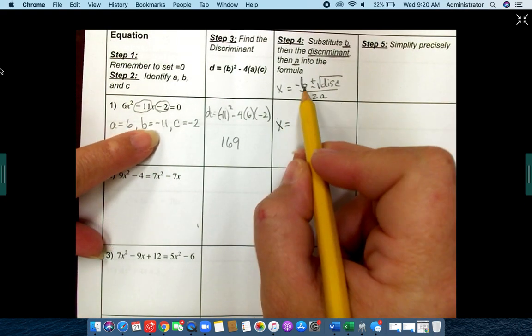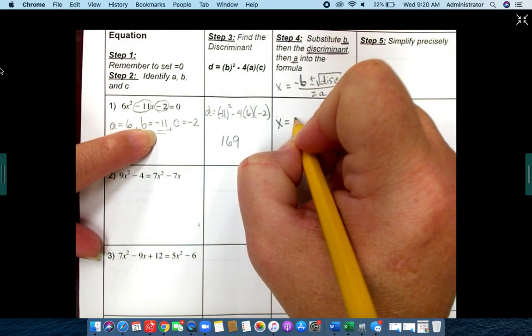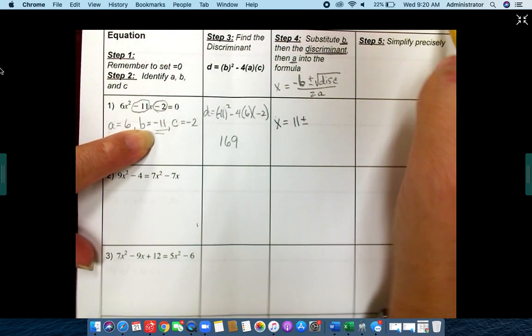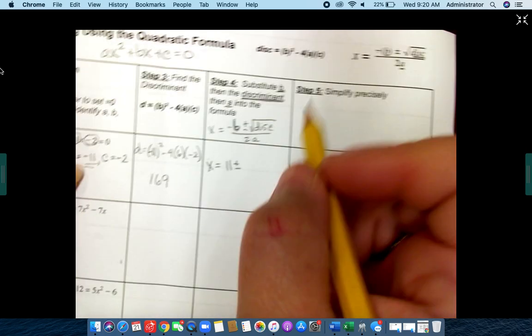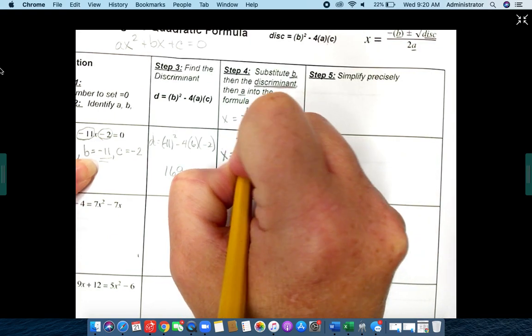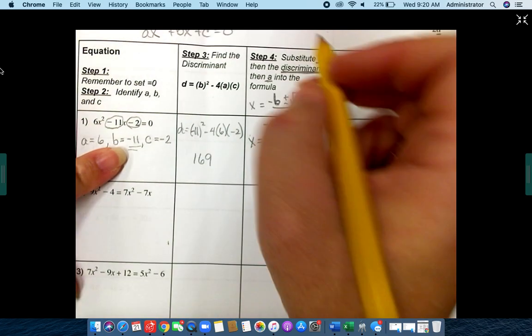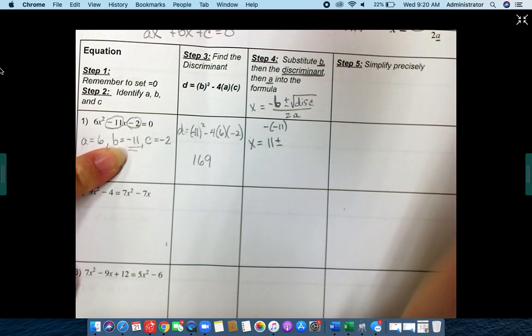So the opposite of my b value, if my b is negative 11, the opposite is positive 11. And if you look over here, you can think of it as negative, and if I were to substitute negative 11, right? So if I did negative 11, that would end up being positive 11. So just think opposite of b. So I'm just going to come up here and put opposite of b. Oops, sorry.